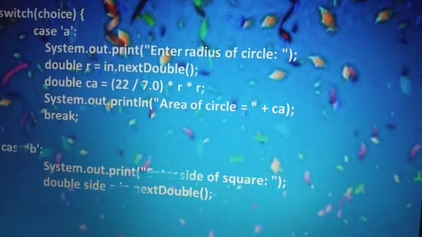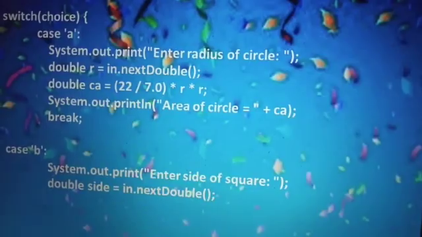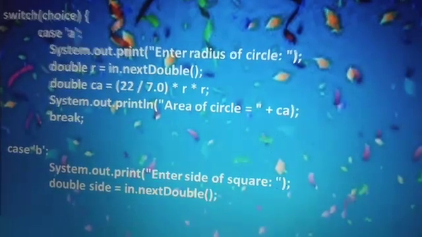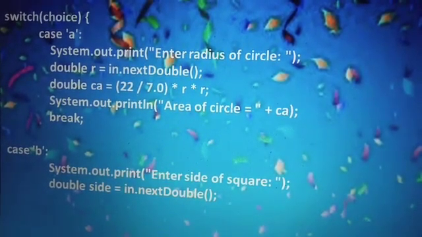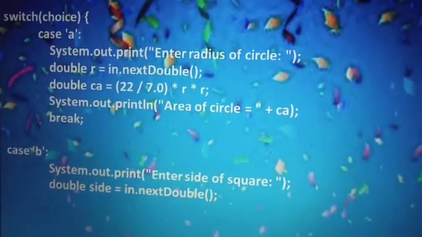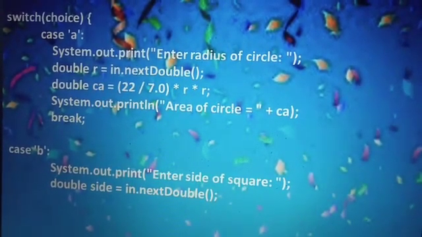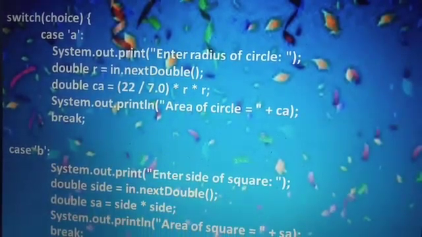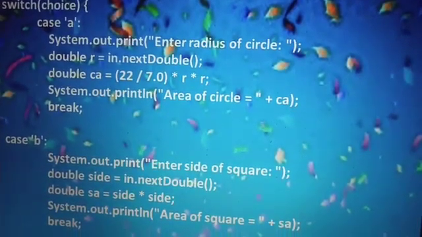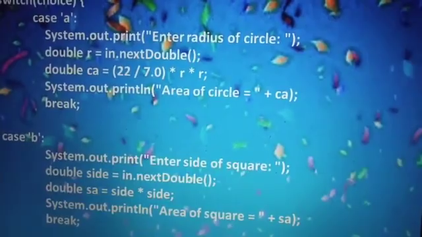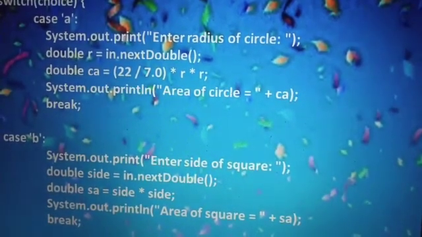Then next what was that? Case B. Same way, system.out.print, enter side of a square, terminate with a semicolon, double side equal to in dot next double, then double SA equal to side into side, then what you have to print? SA, then break.